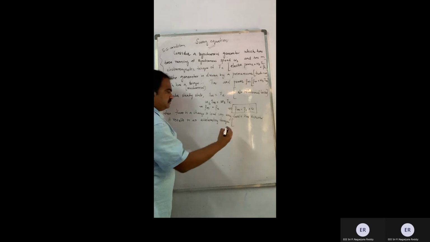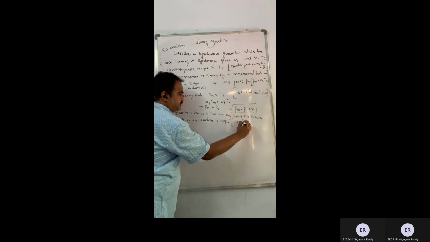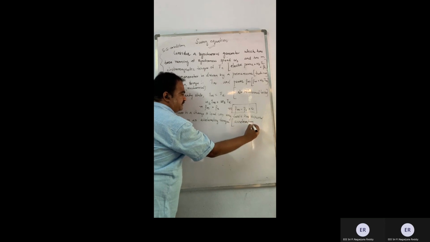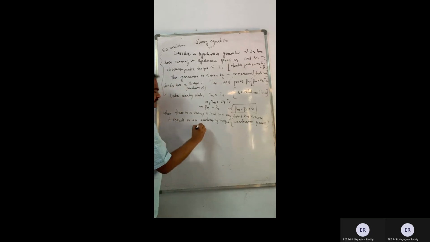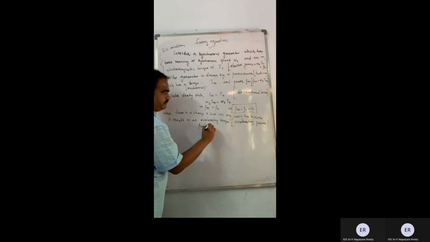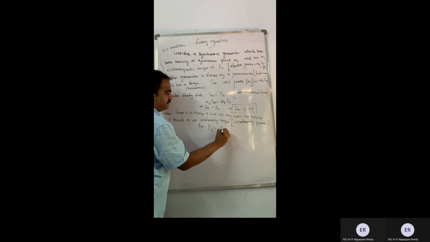Normally this accelerating torque, the part which is consumed here, is represented as accelerating power also. Which means Pm minus Pe is Pa. So normally this is the case during the fault. This is called accelerating power.